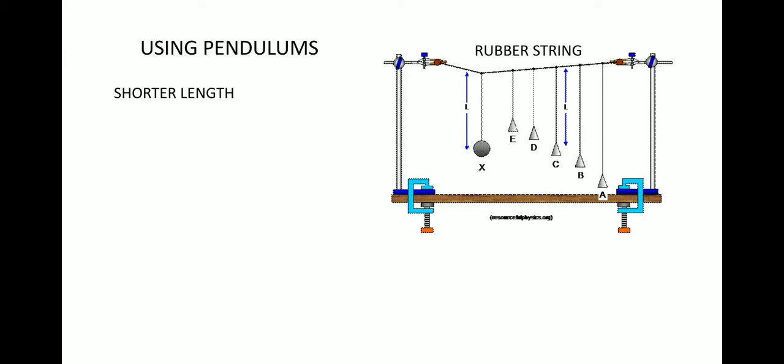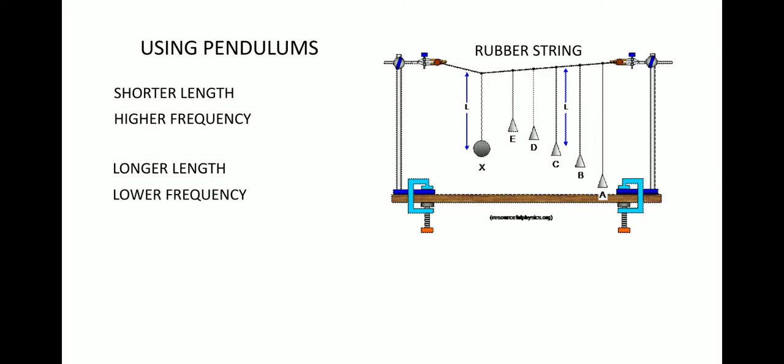Shorter the length of the pendulum, higher will be the frequency, and longer the length, lower will be the frequency. But if the lengths of the pendulums are the same, then the frequency also remains the same.